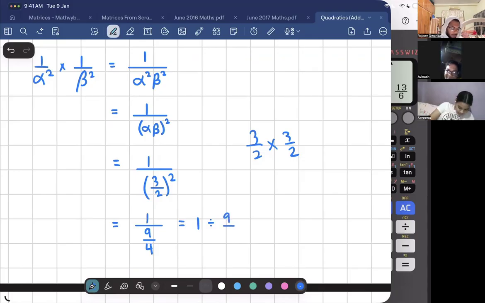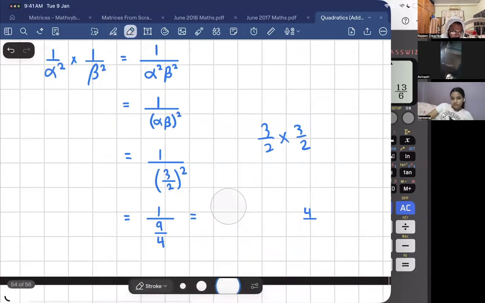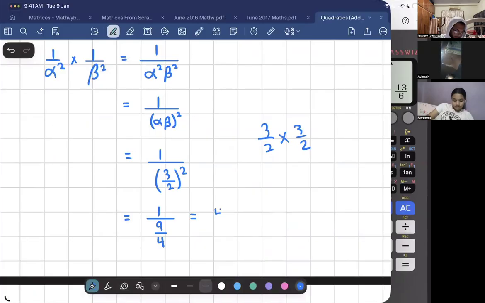Now, when I'm going from division to multiplication, what is going to happen to the fraction? Flip. So 1 over 9 over 4 is the same thing as 4 over 9. Are you okay with that? Yes, sir. So this is just equal to 4 over 9.